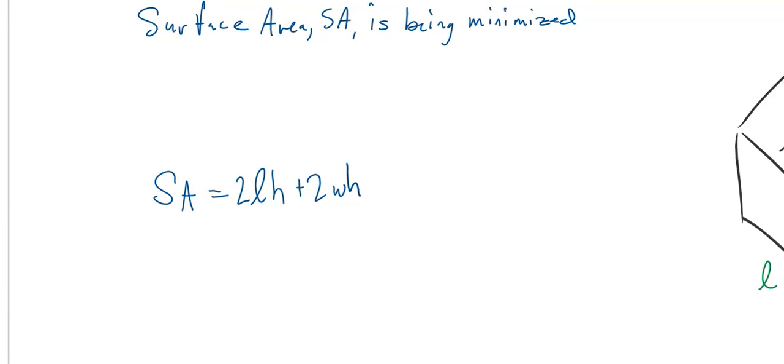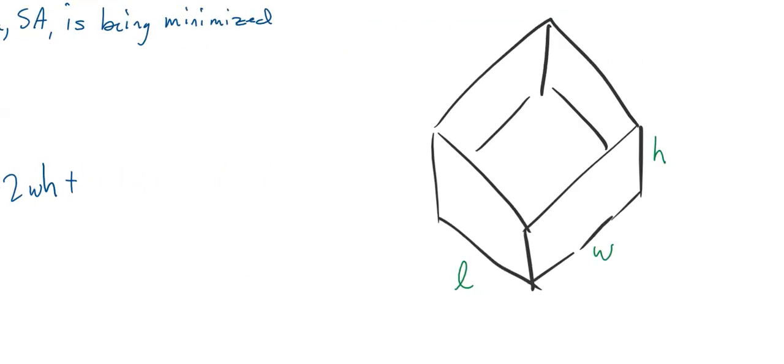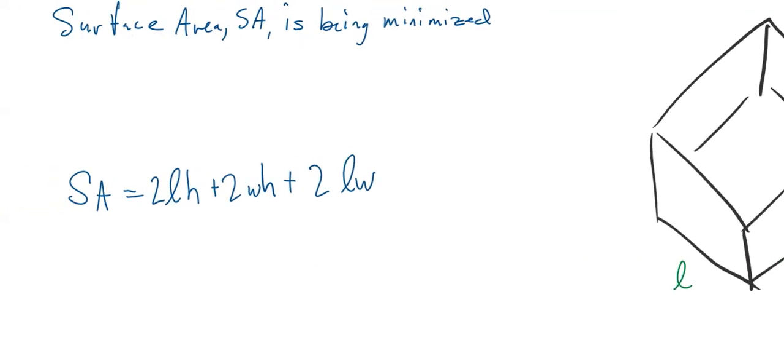And then if this was a full rectangular prism, I would have the bottom and the top, which are length times width, and I would have two of them, except this is open top. So I only actually have one of those. I only have the bottom.